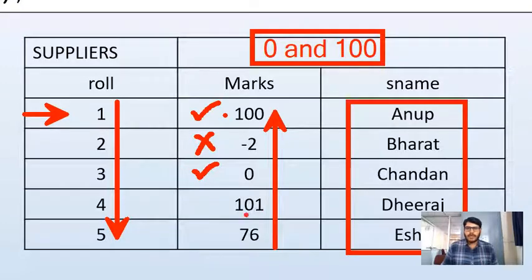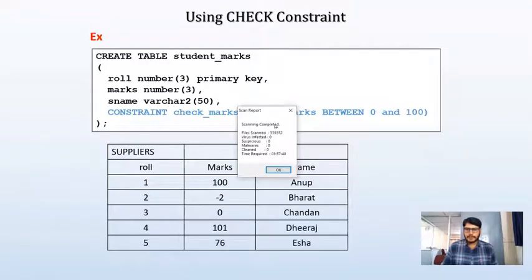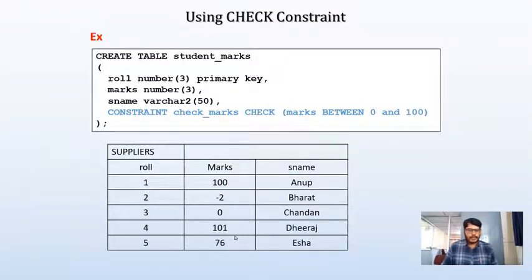And if you observe 101, which is out of range here, because the maximum I can allocate is 100, but here I am trying to store 101, so it will not include this record. Similarly, the last one, that is 76, is within the range, and it will accept the last record. So this is how the check constraint is going to work.